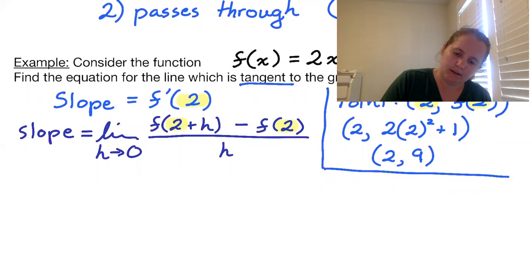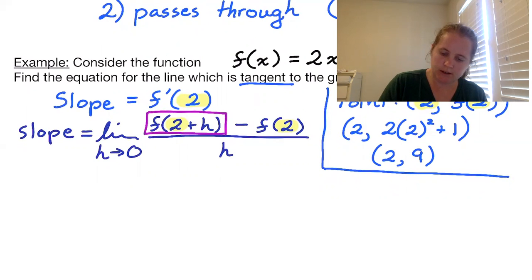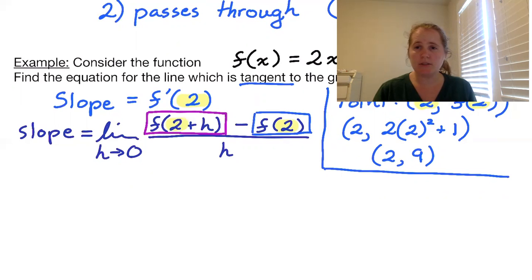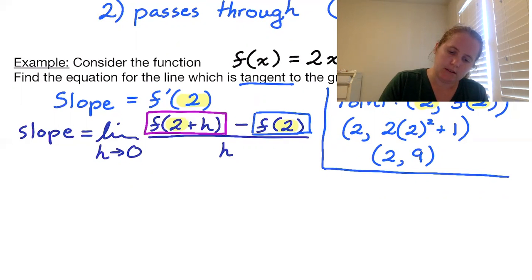Once again, we need to find f of 2 plus h, and we need to know f of 2. We already found f of 2 on the side. f of 2 was equal to 9.